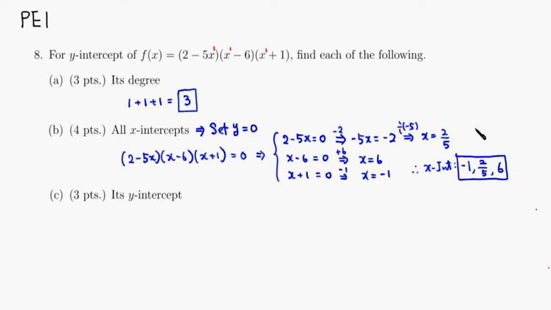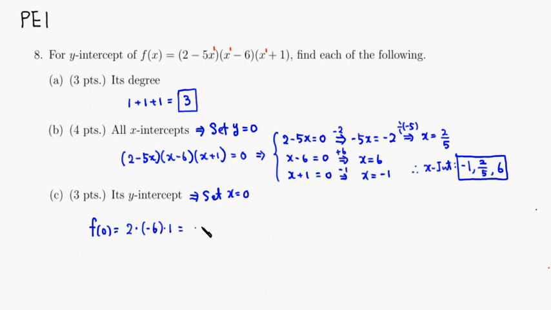How about the y-intercept? Same way. For the y-intercept, we're just going to set x equal to 0. Basically you just plug x equals 0 into that function. So you're going to have 2 minus 5 times 0, so that's 2, times 0 minus 6, which is negative 6, times 0 plus 1, which is 1, so times 1.